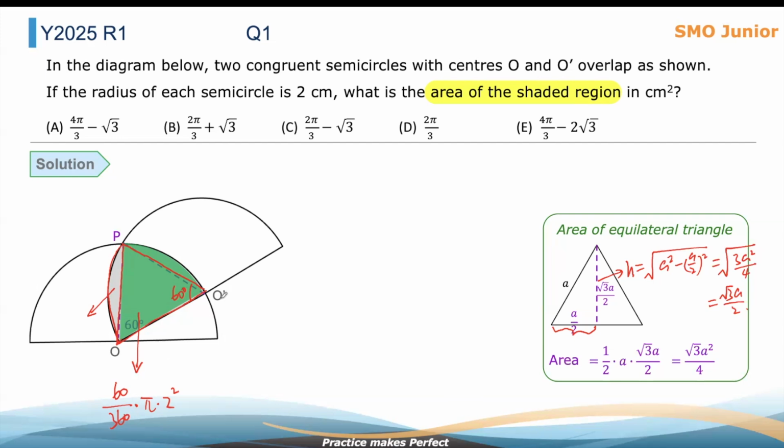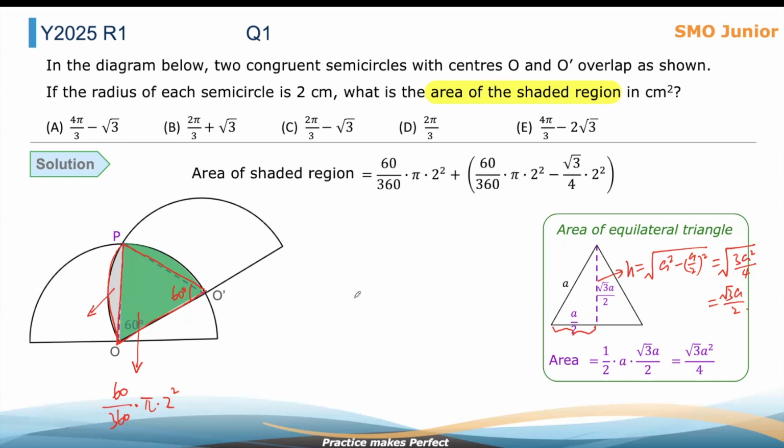So the shaded region area equals the area of the sector plus the area of the minor segment. For this one, 60 over 360 is 1 over 6, and divided by 2.